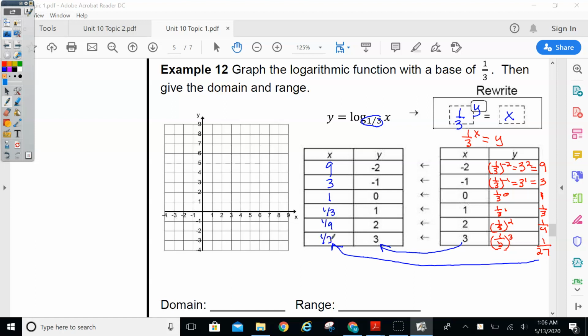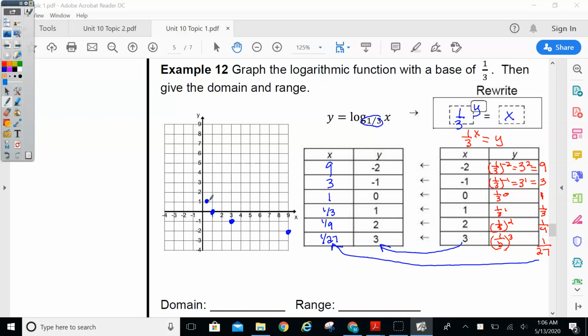So we're really not going to be able to graph the 1/9 and the 1/27, but we can graph these points up here. So at 9, it's -2. At 3, it's -1. At 1, it's 0. And at 1/3, it's 1.